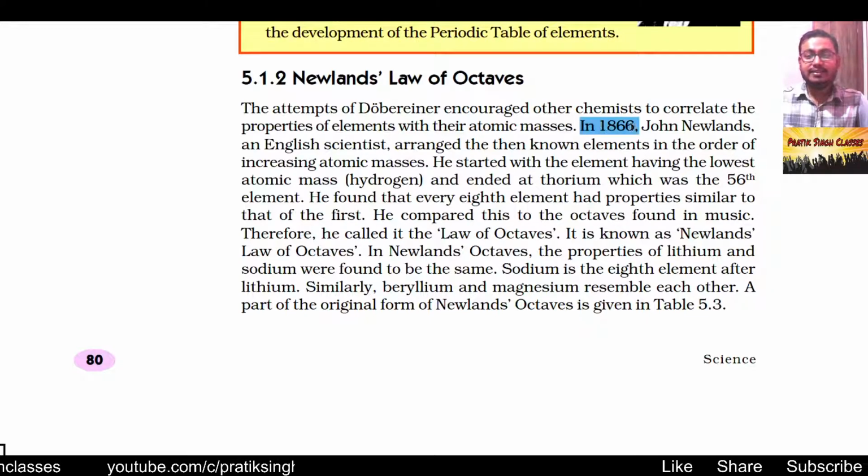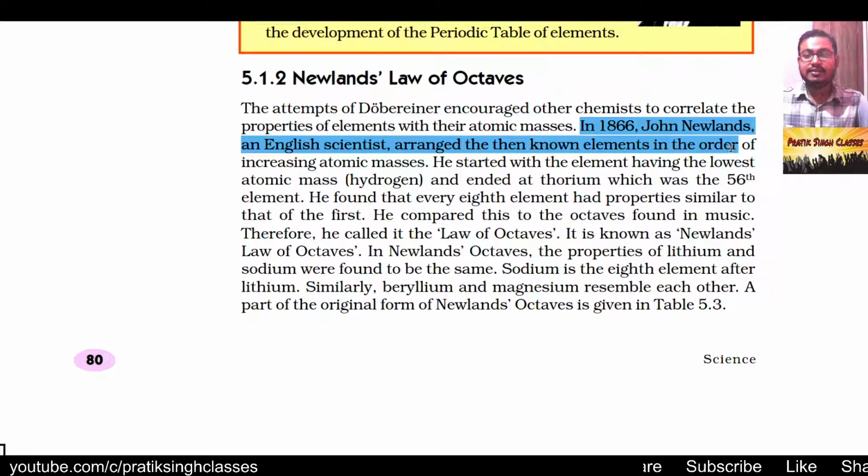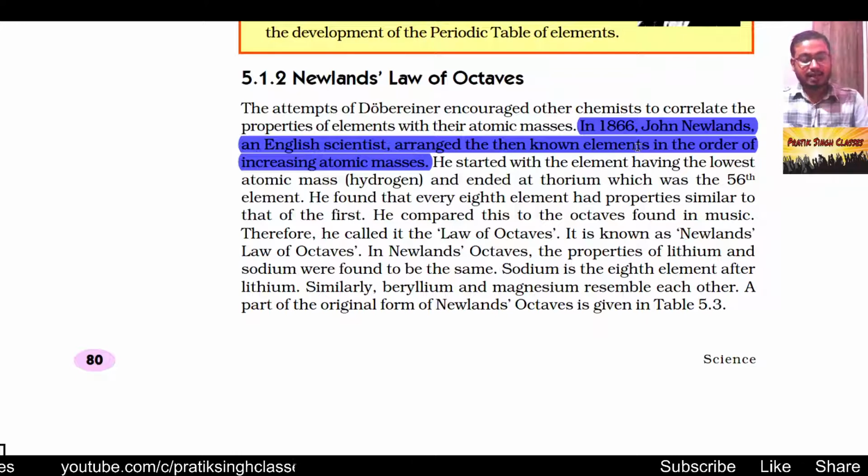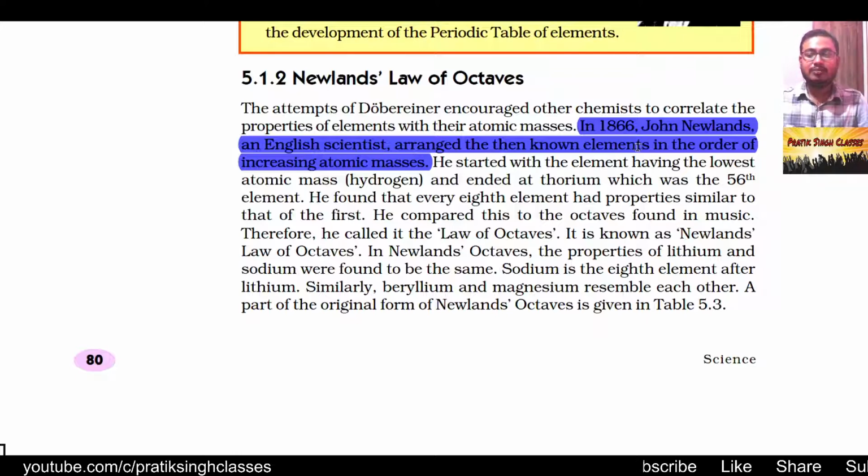In 1866, John Newlands, an English scientist, arranged the then known elements in the order of increasing atomic masses. You can visualize that arranging the elements by atomic mass is not a good idea, because there are many elements which have the same atomic mass and many elements which have different atomic masses.